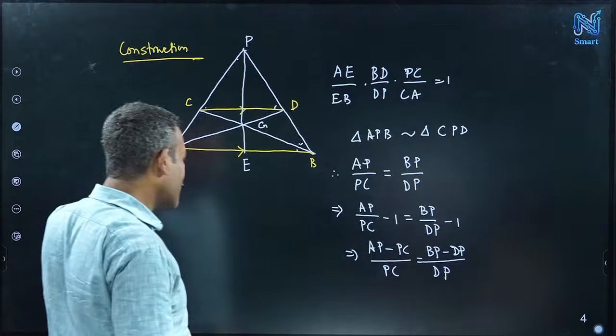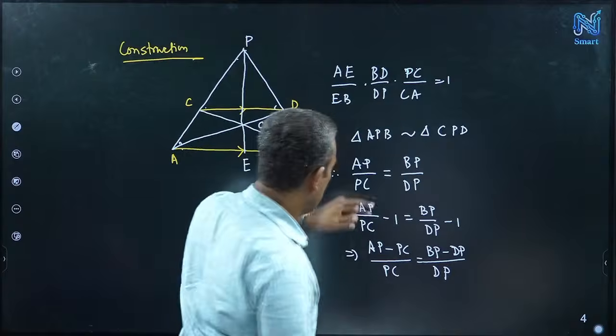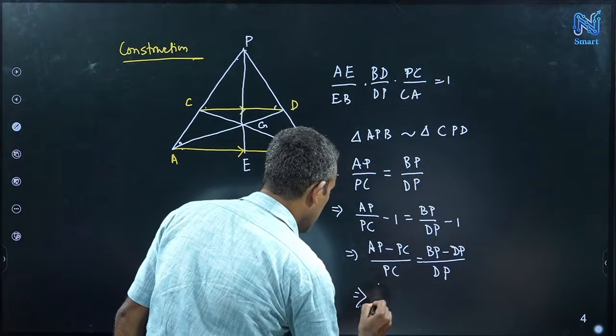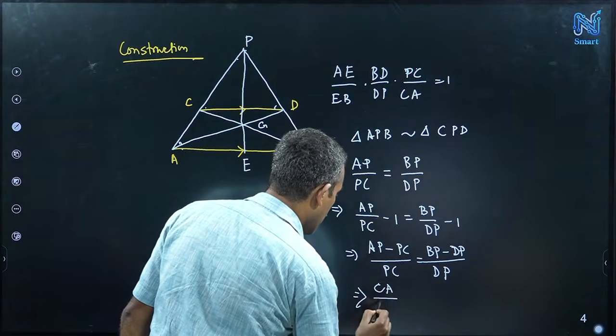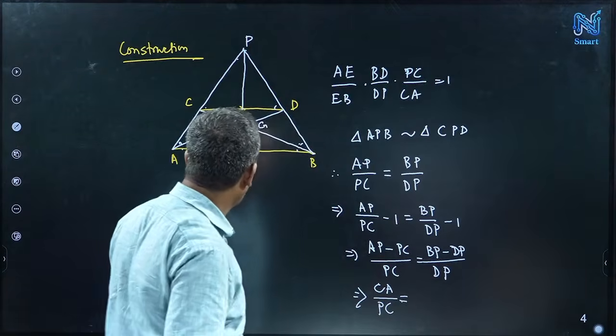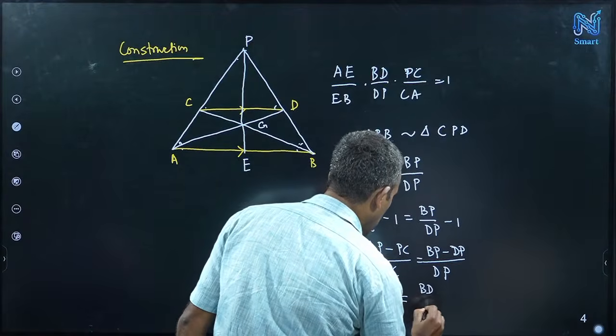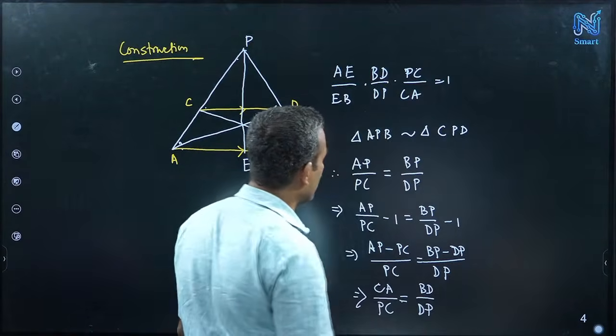What is AP minus PC? It is just CA. So CA by PC is equal to BD by DP.